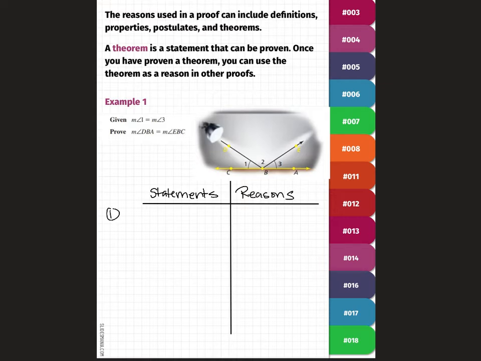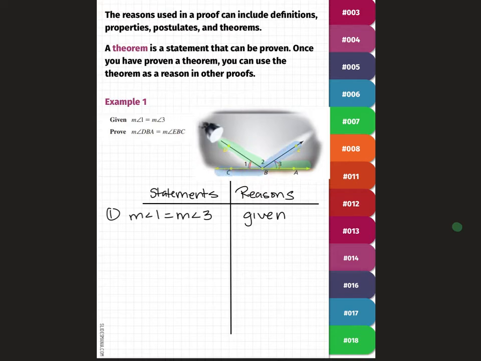And the first thing we know is that the measure of angle 1 is equal to the measure of angle 3. And that is given. And we can clearly see it marked on our picture with these little marks that are already there. Eventually, we need to prove that the measure of angle DBA is equal to the measure of angle EBC.